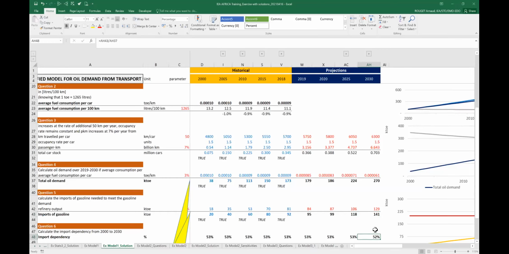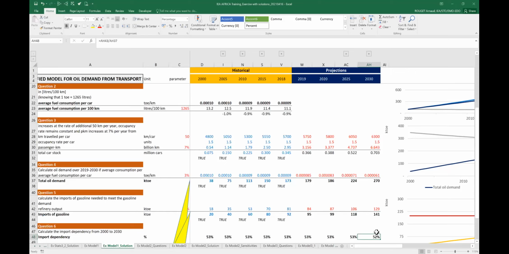This ratio might not be super relevant, because we would need to go a bit more upstream. When we think dependency, we're just looking at dependency to imports of gasoline. But what if these refineries in the country are using imported crude oil to make this domestically produced gasoline?